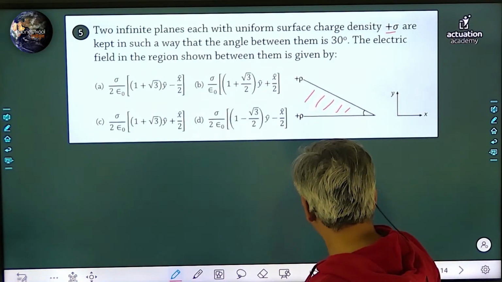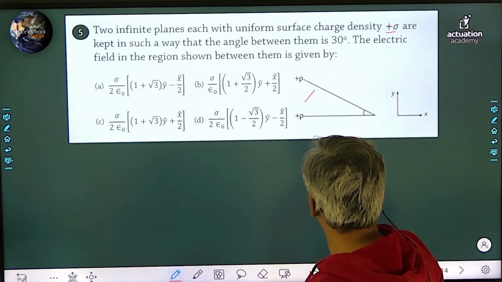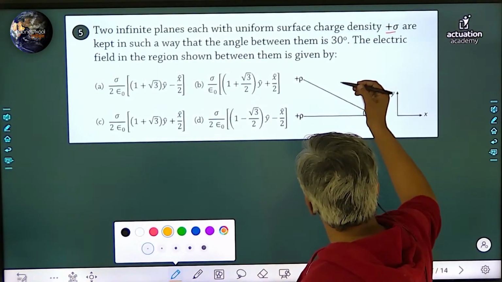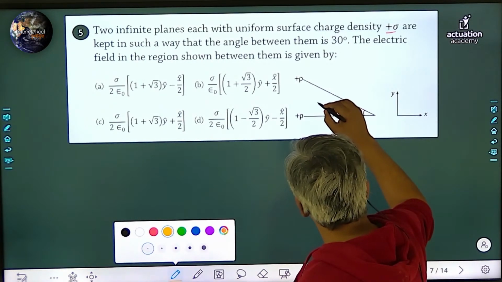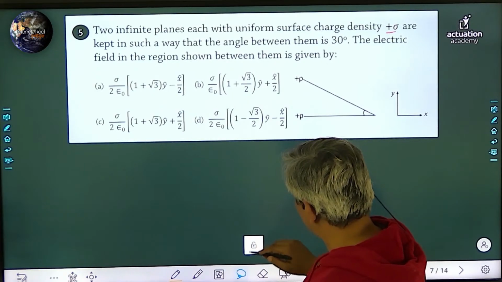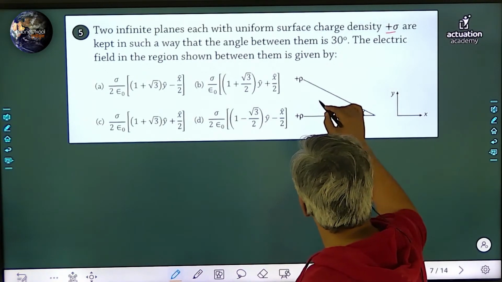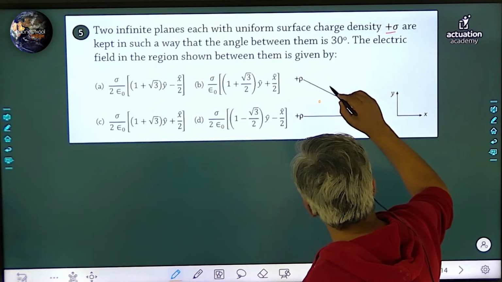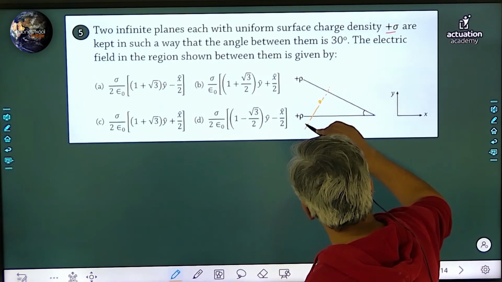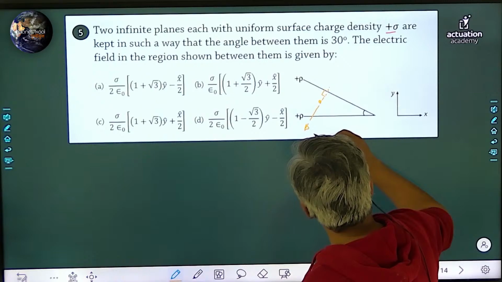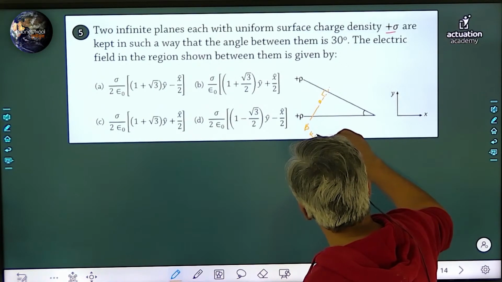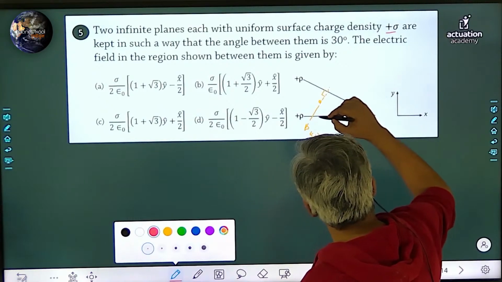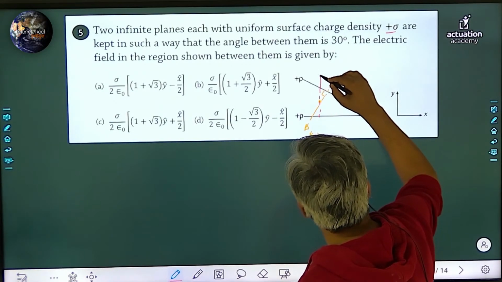Okay, now to find this, because these are planes, we can use them as plane sheets. So let's say at this point here, the electric field due to this plane sheet will be in this direction, which is perpendicular to this. Let's say this is E1, and the electric field due to the lower plane will be in this direction.